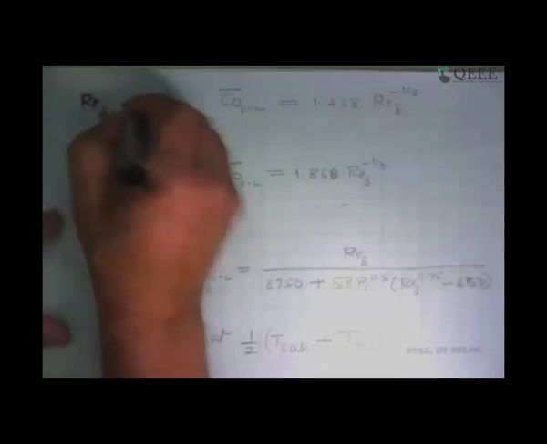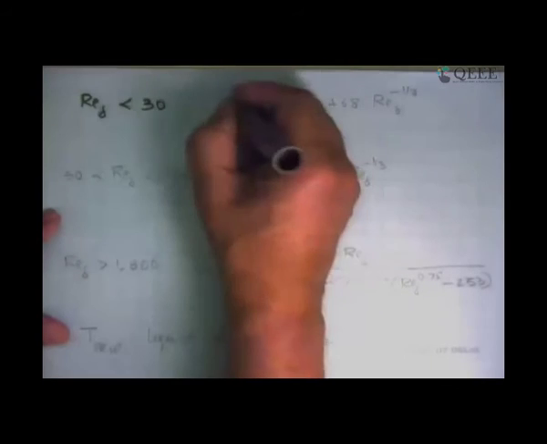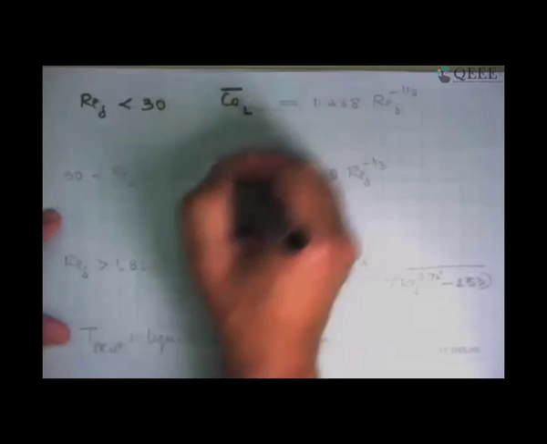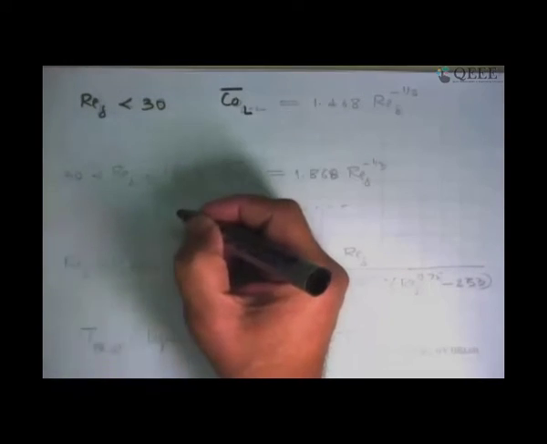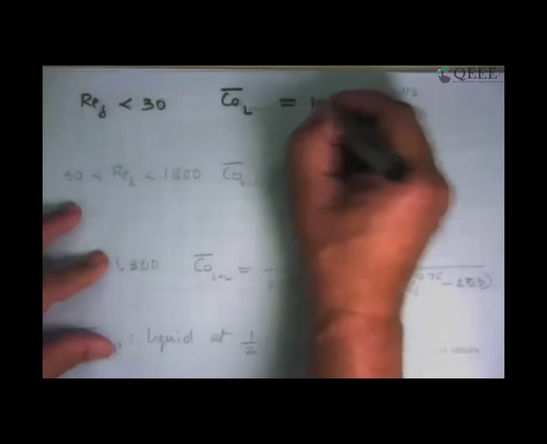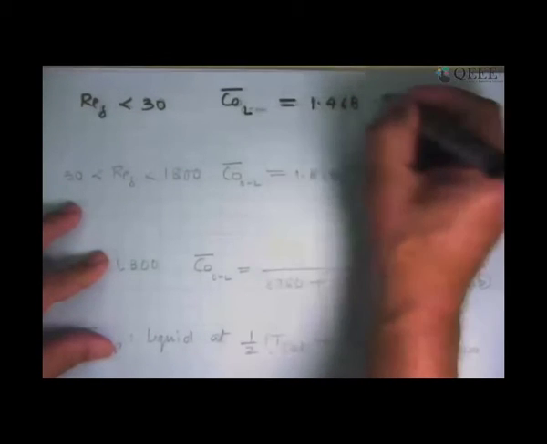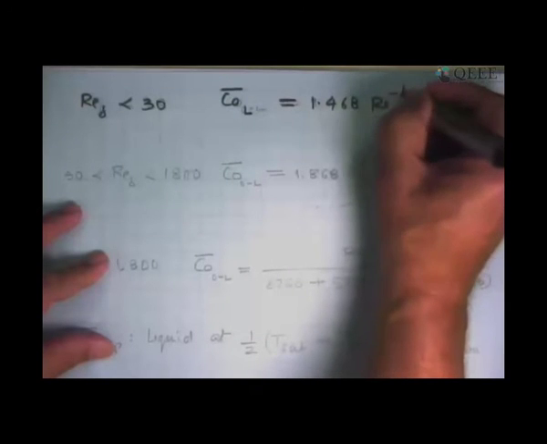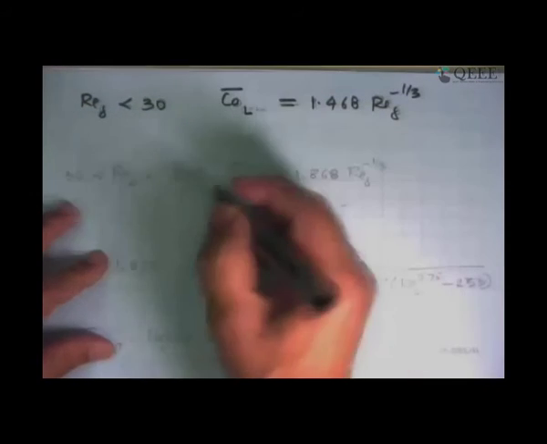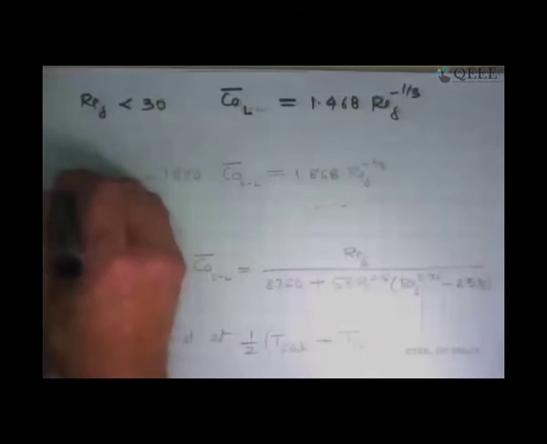And using that, we can now start getting all types of equations that we can use. For Re delta less than 30, the average condensation number for the entire plate can be expressed as 1.468 into Re delta to the power minus 1 by 3. And similarly, for the other regimes also, you can get relations.